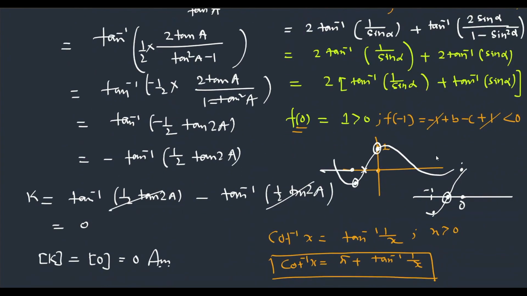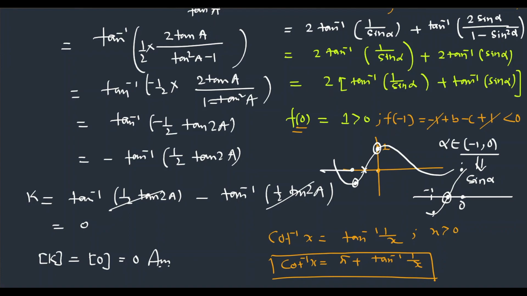So alpha is the real number which lies between -1 and 0. That confirms alpha is negative, so sine alpha will be negative.